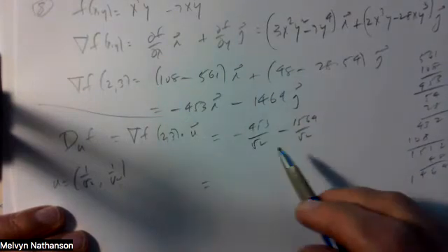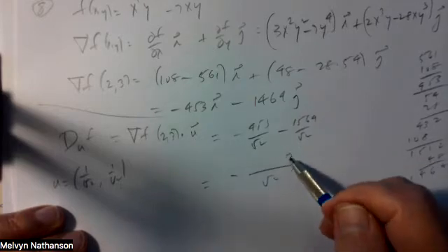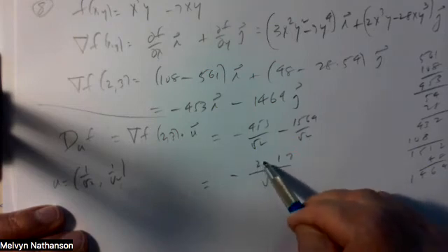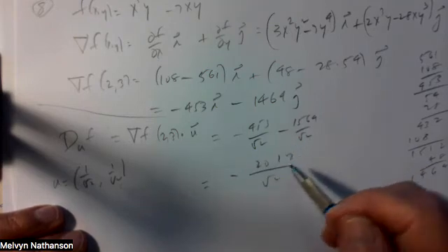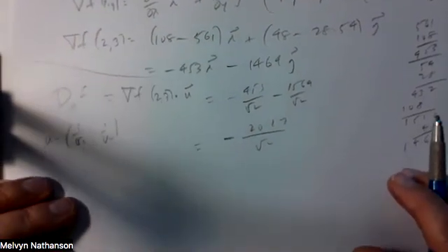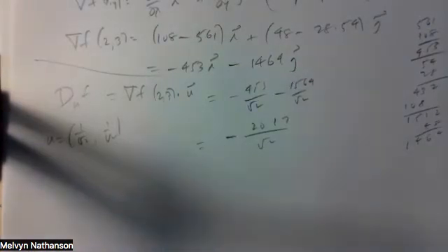So whatever that turns out to be is what it is. 4 and 3 is 7. 6 and 5 are 11. 2, 0. All right, this is the number. That is the directional derivative of this function in the direction of this unit vector.